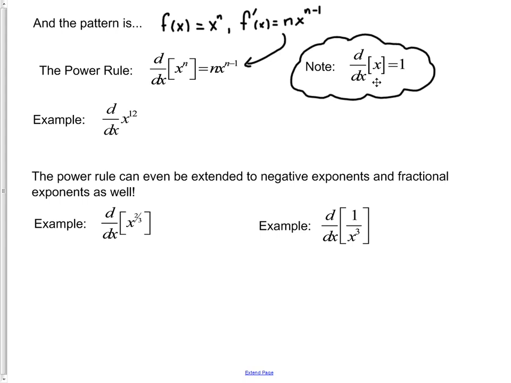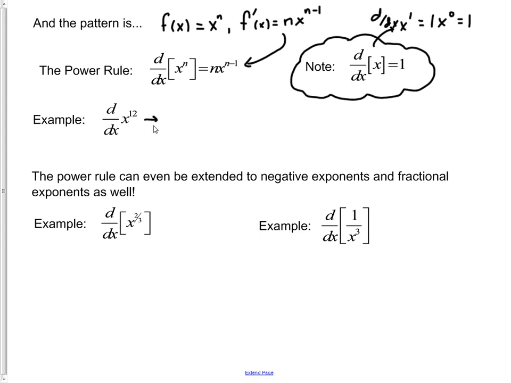And we noted that when we took the derivative of x, we just got 1. Well, that fits this pattern because if we take x to the first and we take its derivative with respect to x, what we're really saying is that we've got 1 times x to the 1 minus 1, which is 0th power, and we know that x to the 0 is equal to 1.